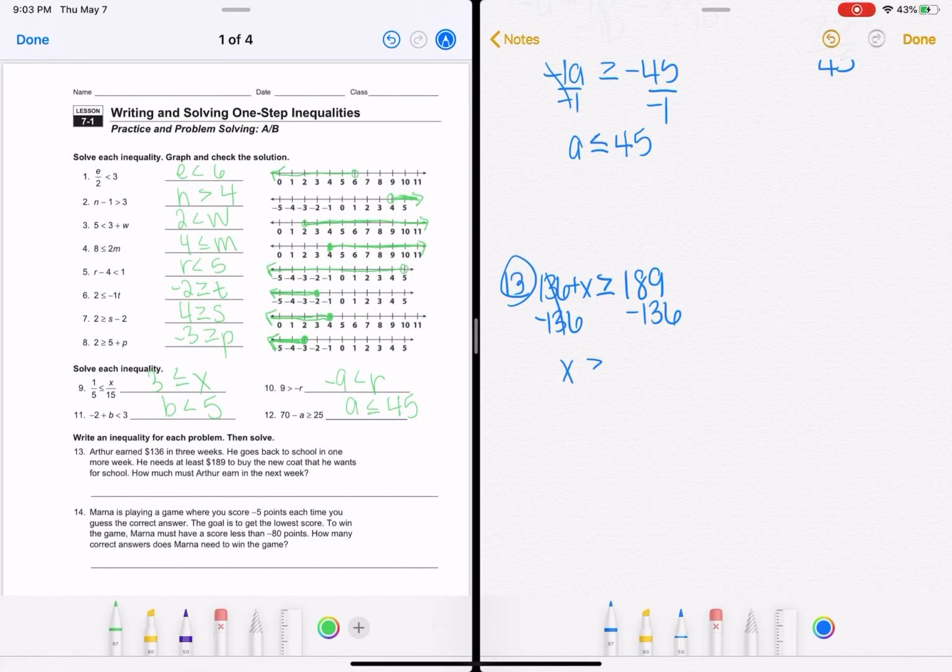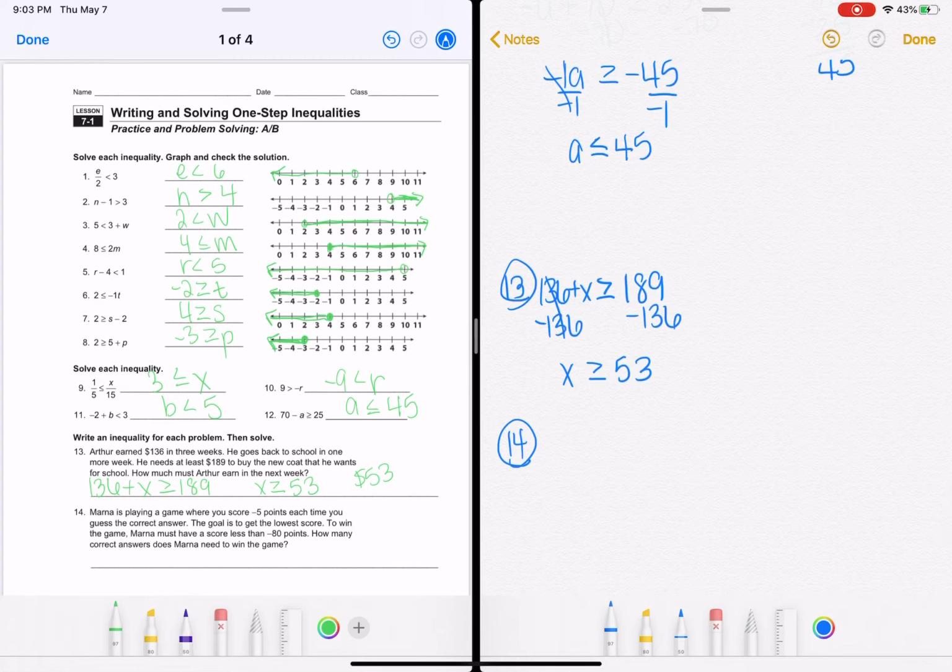So x is greater than or equal to 53. So our inequality was 136 plus x is greater than or equal to 189, and x is greater than or equal to 53. So he needs to earn at least $53.